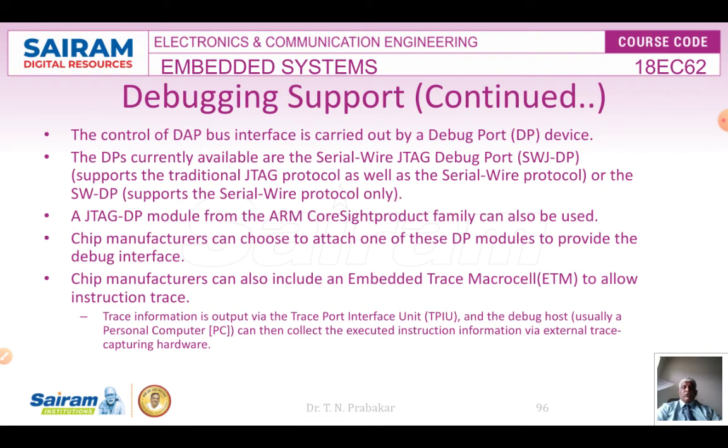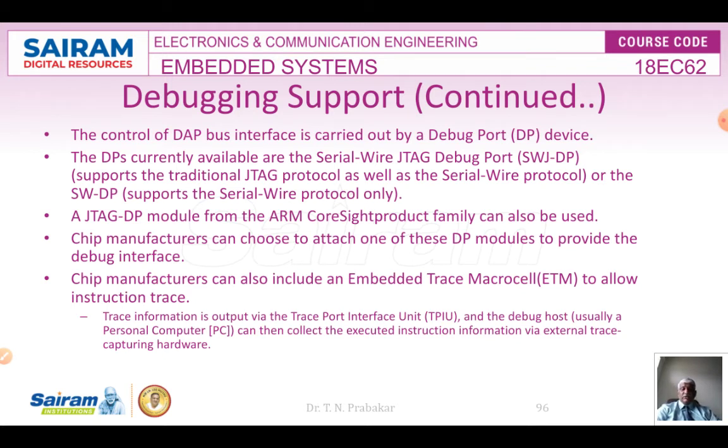The control of this DAP bus interface is carried out by the debug port. So there is a DAP bus, which will be controlled by the debug port. There are some specific extra features available for debugging. Chip manufacturers can use either CoreSight, which is a specific product available exclusively for debugging, or they can use the DP models to provide the debug interface.